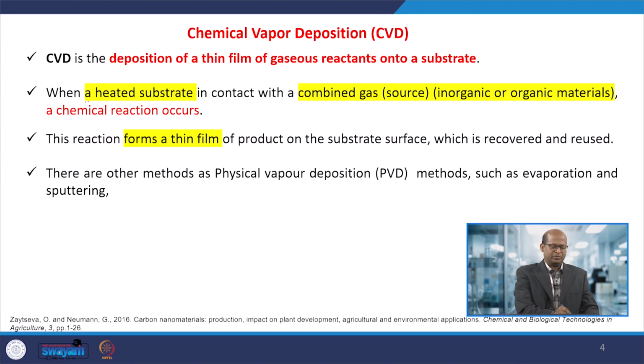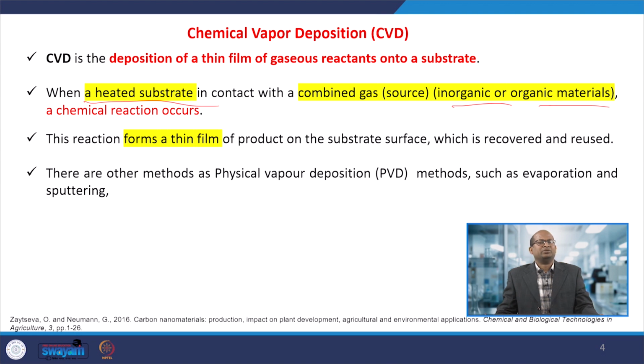Here, first the substrate is heated to a desired temperature, which may be 700, 800, or 1000 degrees centigrade. Then, on that hot substrate, a source gas, which may be a source of carbon, metal oxides, or any inorganic or organic materials, takes part in the reactions.